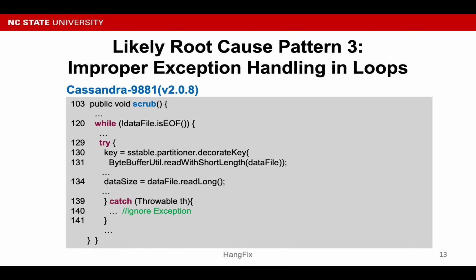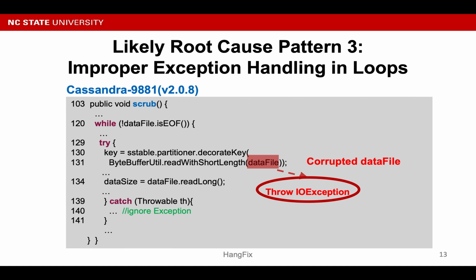This Cassandra bug shows an example of a pattern 3 bug. When the data file is corrupted, the read with short length function throws an IO exception. The IO exception is simply ignored at line 140. It gives up the correct execution of the read with short length function.